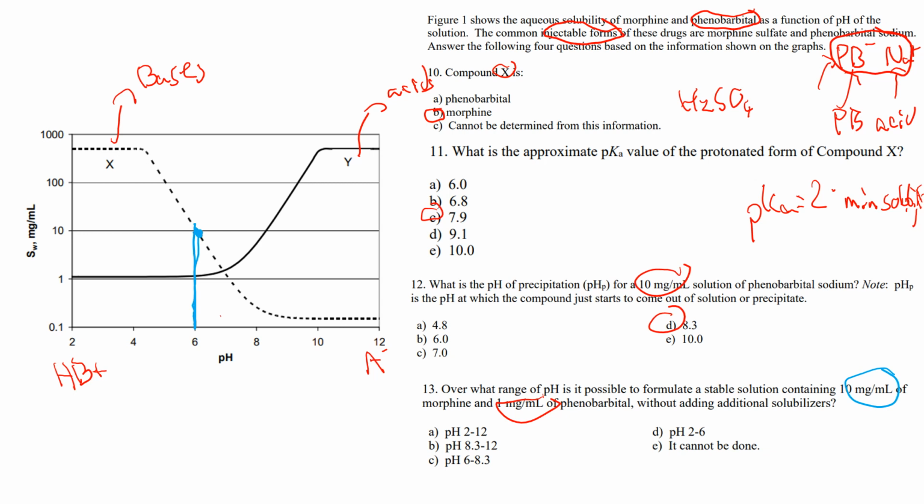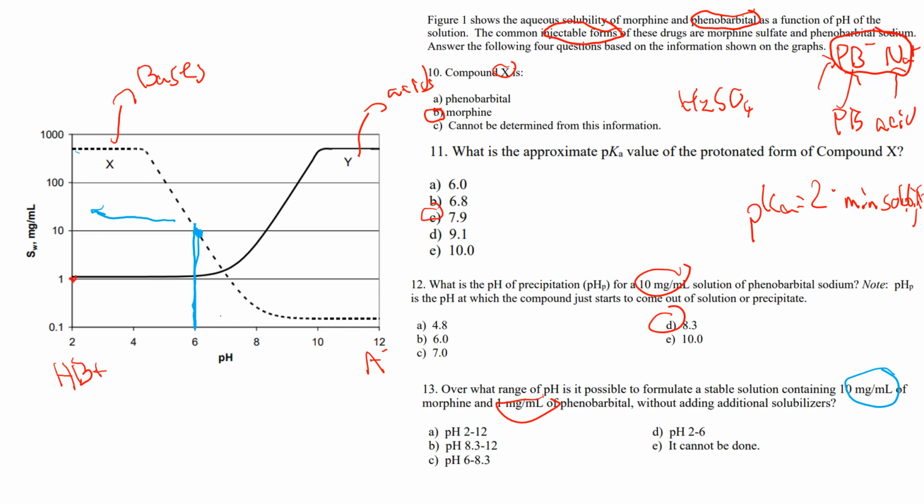And what I always like to visualize is that the range it's soluble is everything where this line is higher. So this goes this direction for a base, right? Because over here we can get up to 100 milligrams, or even closer to 1,000 up there. So this line will go this way for our blue. So essentially anything less than a pH of 6 is reasonable. Our phenobarbital in red, our acid, where's it 1 milligram?